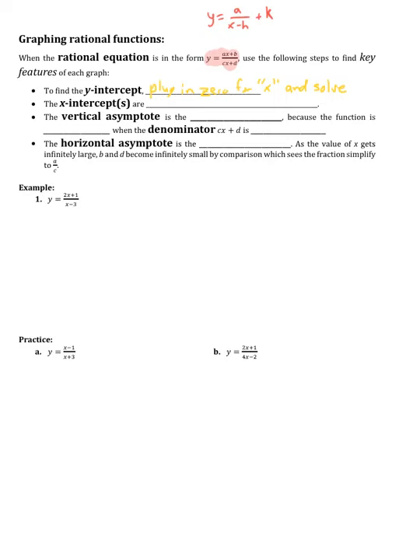The x-intercepts are found when you plug in 0 for y, and solve. Just like what we did yesterday. Plug in 0 for x, find the y-intercept. Plug in 0 for y, find the x-intercept.